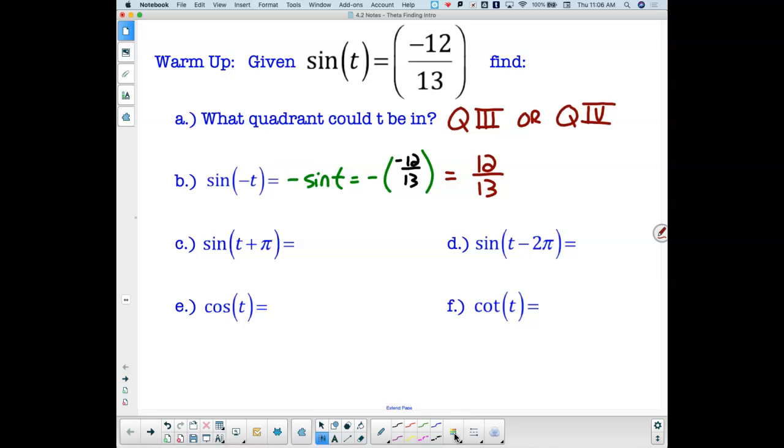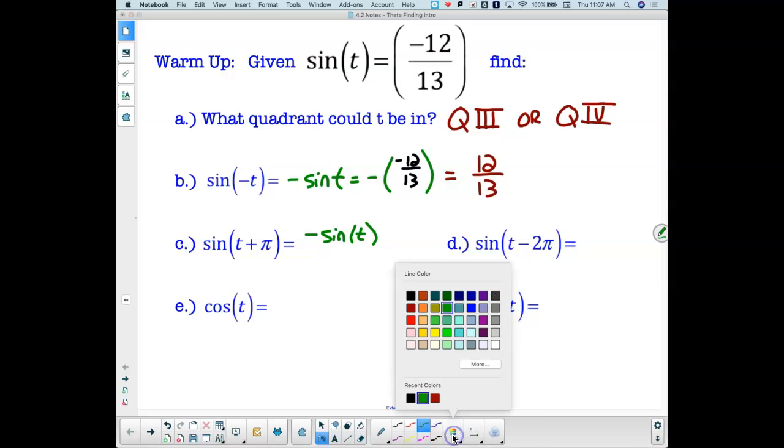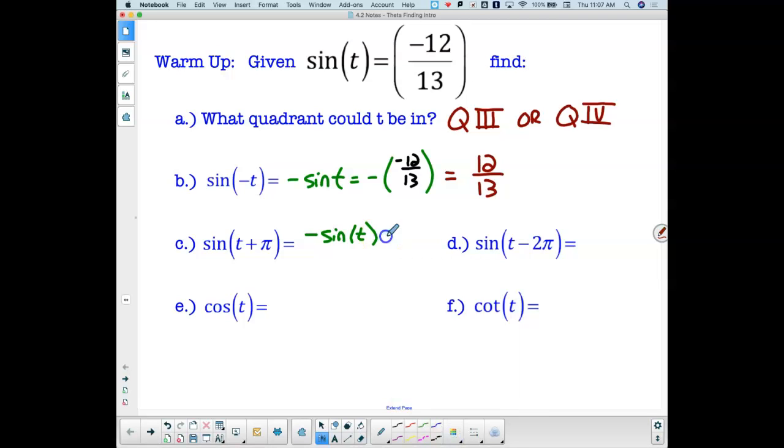Sine of t plus pi, halfway around the circle, that's going to be the opposite of sine of t. So that's again going to be 12/13. Agree? Yes?